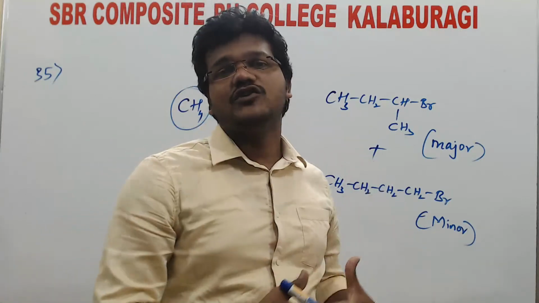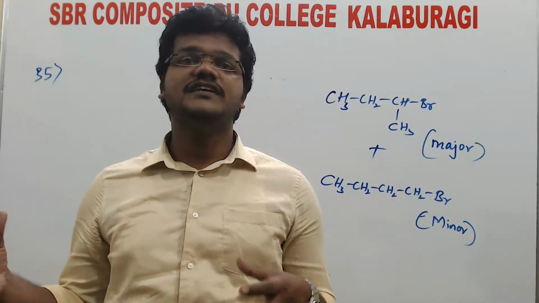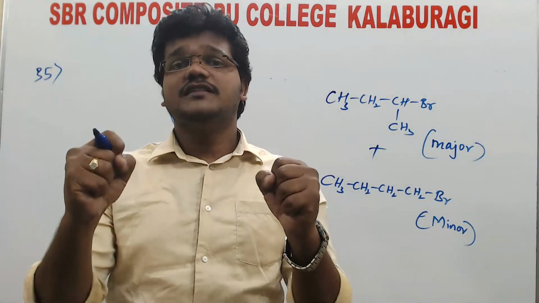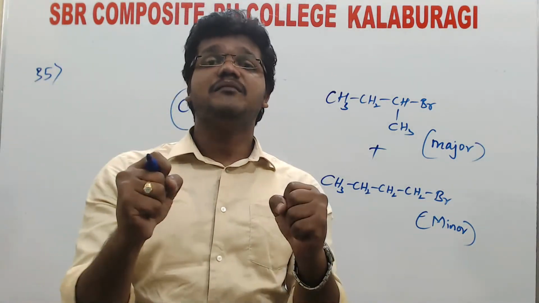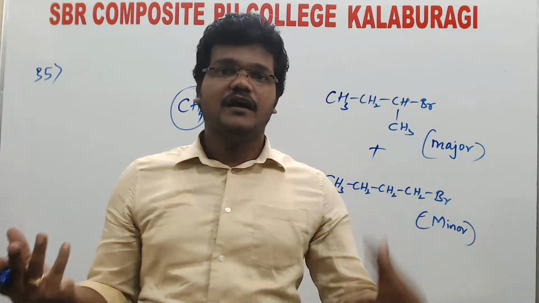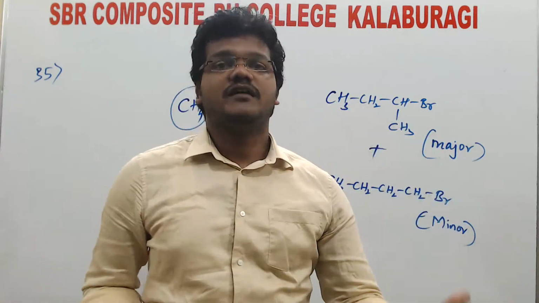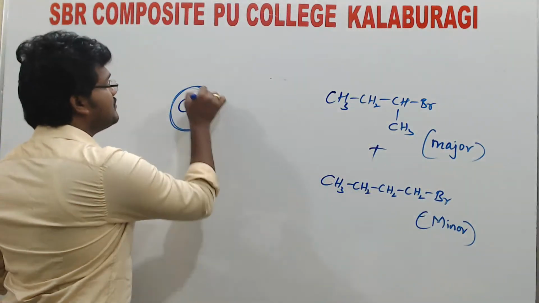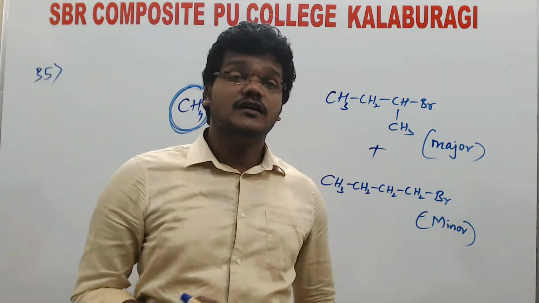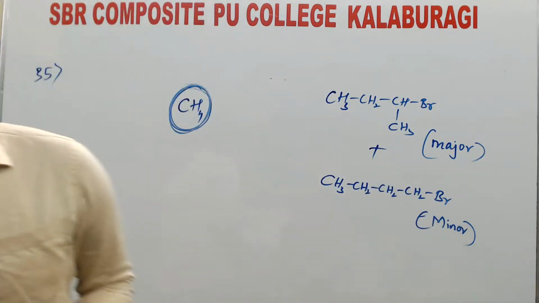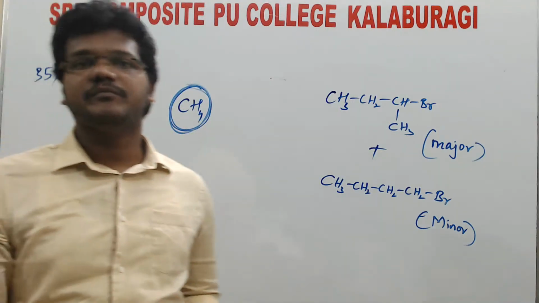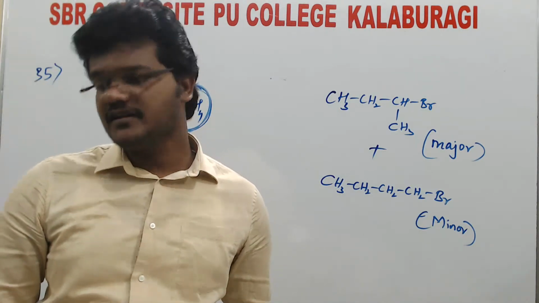In Wurtz reaction, we prepare alkanes by the combination of 2 alkyl free radicals. If there are 2 alkyl free radicals, the minimum number of carbons in the product is 2. So we can't prepare an alkane with only 1 carbon. So methane cannot be prepared by Wurtz reaction. That is the drawback of Wurtz reaction. So for question 35, option A, methane cannot be prepared by Wurtz reaction.